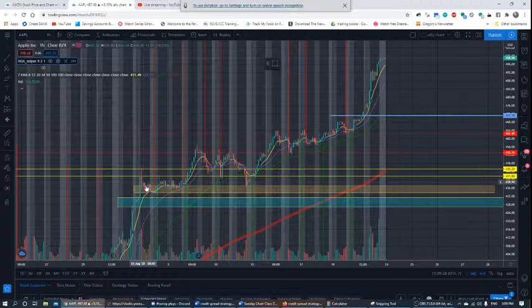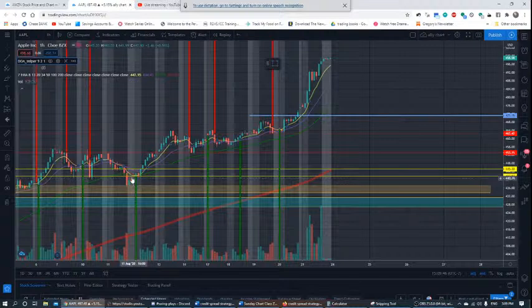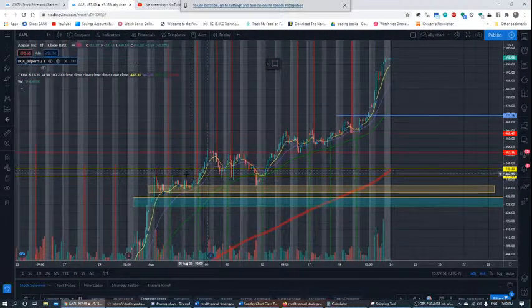It gapped up, it tried to fill it, but it never filled. So I marked this area as resistance, and when we tap this area and finally break out, that would be a decision for me to go long, because we've tapped 3 times on really strong support, in this area between 441 and 445. I would just take that long.